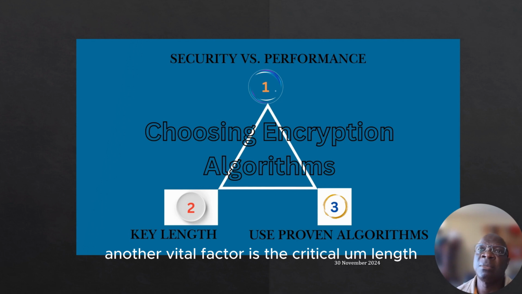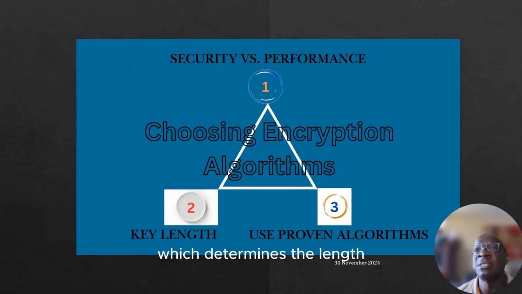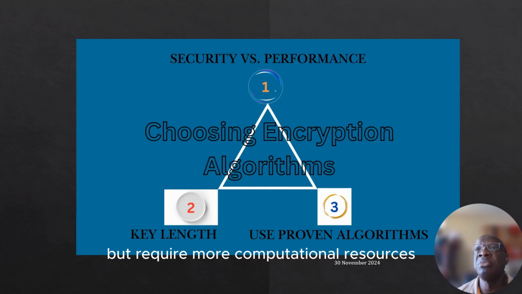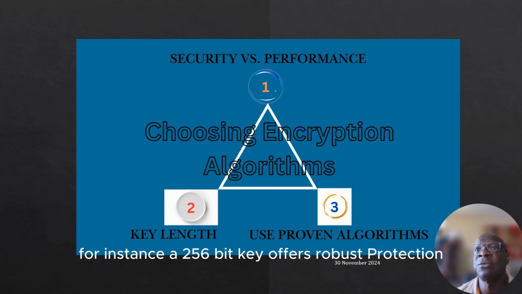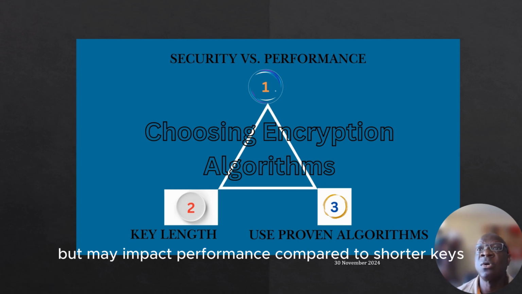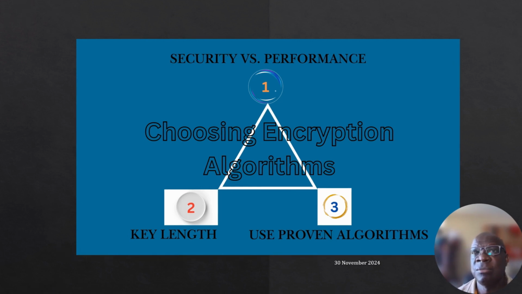Another vital factor is the key length, which determines the strength of the encryption. Longer keys provide greater security, but require more computational resources. For instance, a 256-bit key offers robust protection, but may impact performance compared to shorter keys.